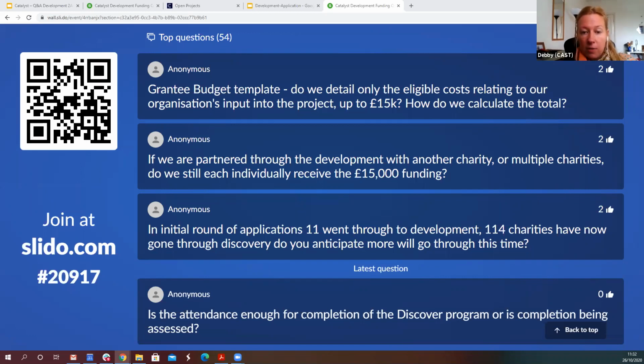If we are partnered through the development with another charity or multiple charities, do we still each individually receive the funding? So this is different from maybe if you did discovery, where you're working in a cohort. In development, you work one-on-one with a digital agency on your particular challenge.